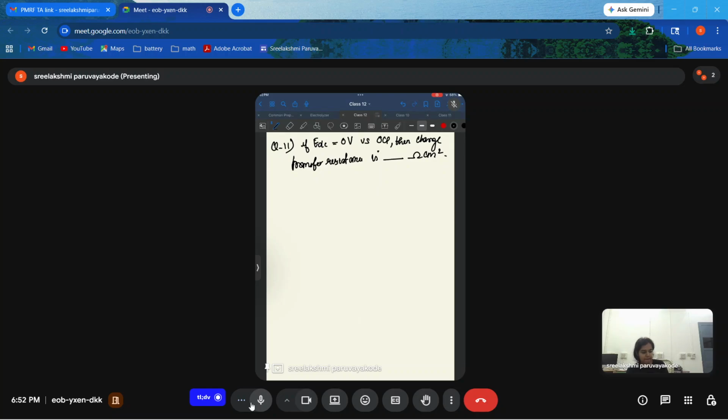So here you can use the expression RT equal to RT by F square K10 CA bulk. Okay. And R value is 8.314 into 10 to the power 4 when you are accounting for centimeters and all.